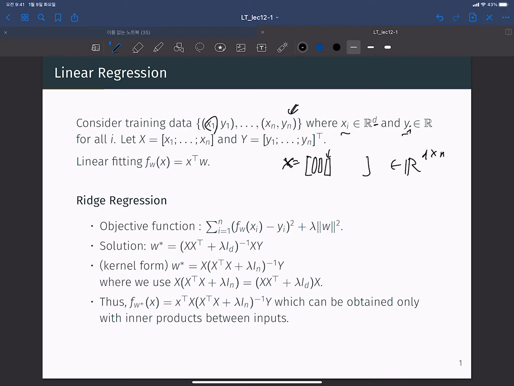So the i-th column is equal to xi in the X matrix, and y is a vector, an n-dimensional vector, and each element comes from the output label yi. So the i-th element of the y vector is yi. This is very useful notation for the remaining class.